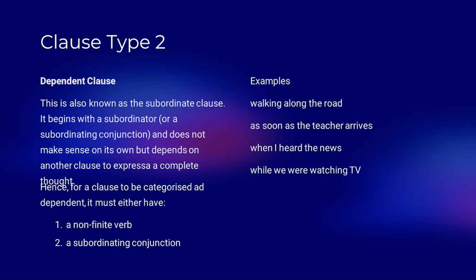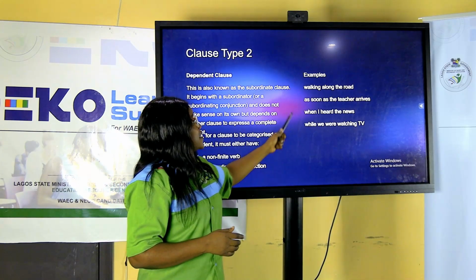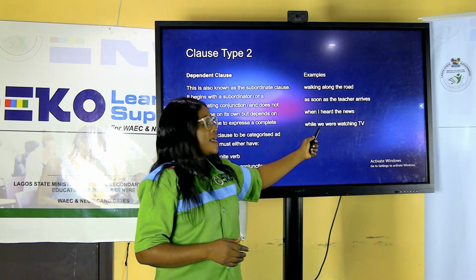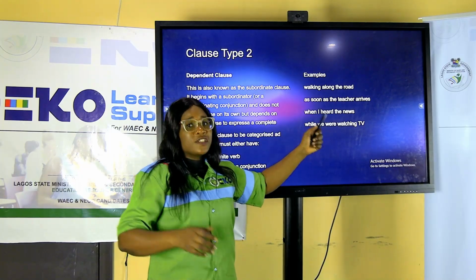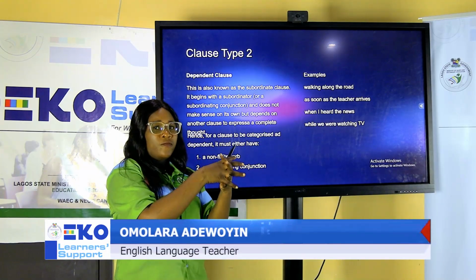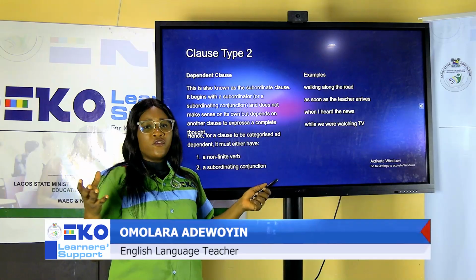As soon as the teacher arrives. When I heard the news. While we were watching TV. Did you know that if we add these clause structures into another sentence, it would make full meaning?